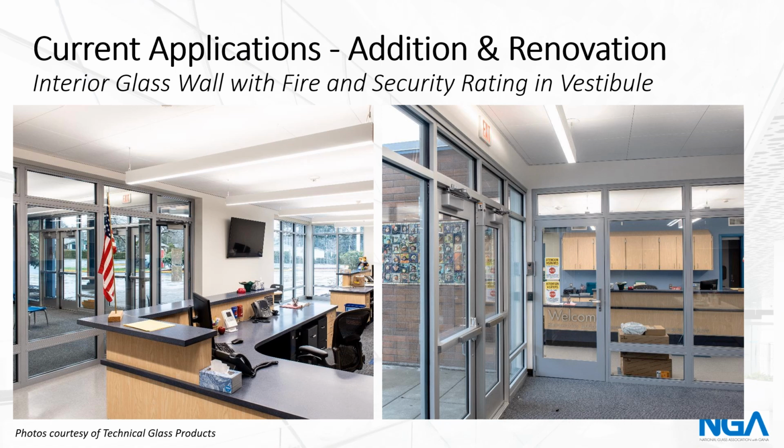The glass meets ASTM F1233 Class 1.4. It meets Impact Safety Rated Test Standards ANSI Z97.1 and CPSC 16 CFR 1201 Categories 1 and 2, and bullet-resistant ratings up to UL Level 3.